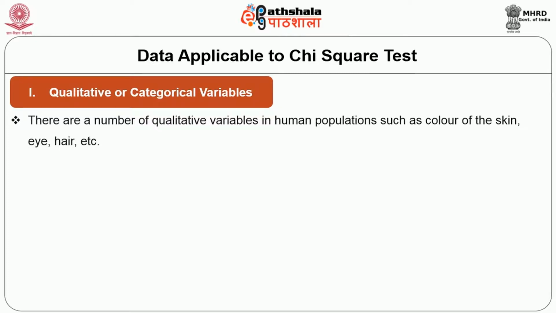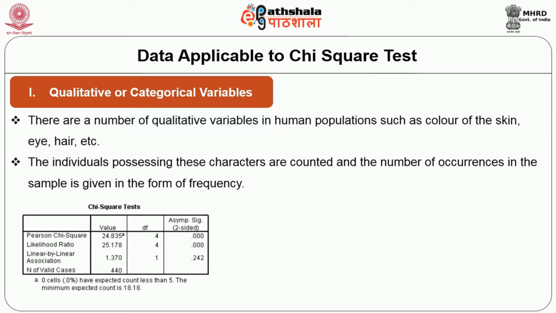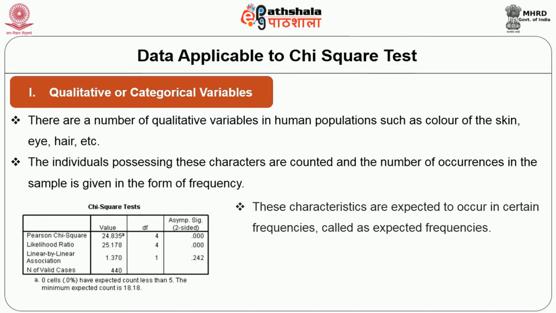There are a number of qualitative variables in human population, such as color of the skin, eye, hair, etc. The individuals possessing these characters are counted and the number of occurrences in the sample is given in the form of frequency. The characteristics are expected to occur in certain frequencies called expected frequencies.